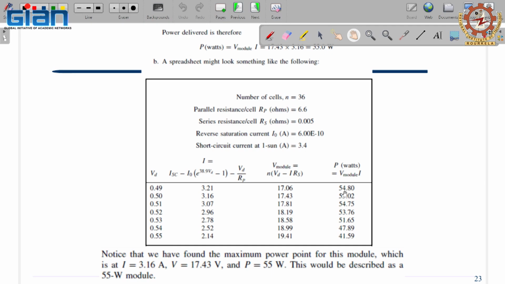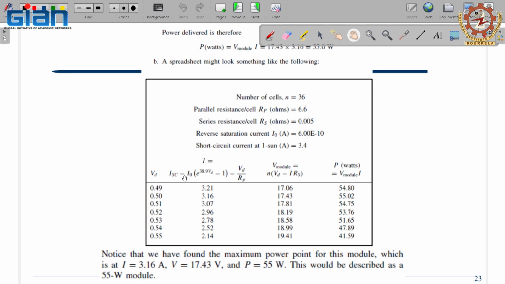Power is basically your current in the cell multiplied by the voltage. So if you increase and decrease the voltage a little, say the normal value is 0.5, you take 0.49 and do all these calculations. Then if you increase VD a little, 0.51, 0.52, etc., you get this current.